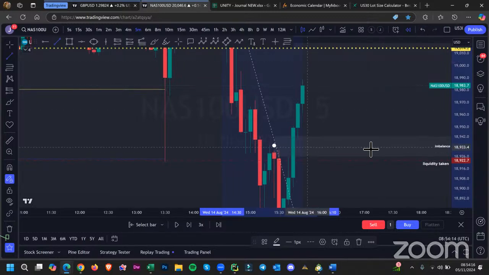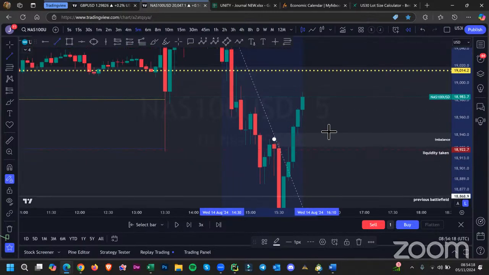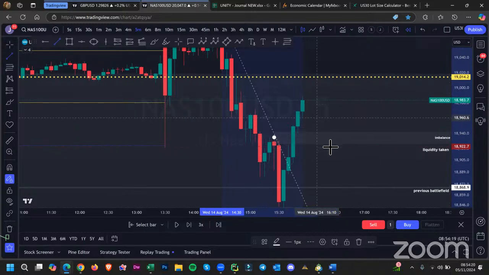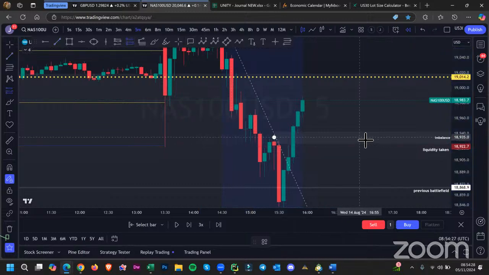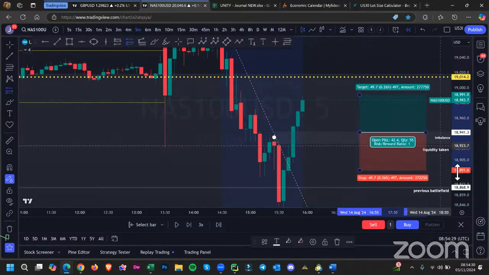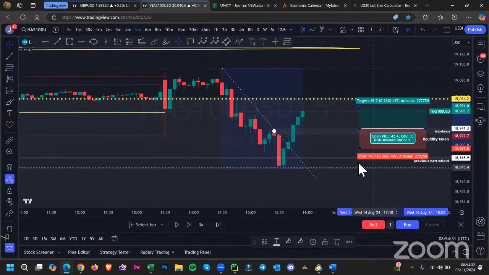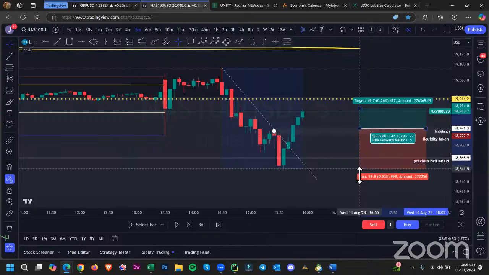Hopefully this market comes and taps back into this area, allowing us to potentially get an entry. The safest entry, without trying to get a 1,000,000-to-1 risk to reward ratio, would be an entry here, and our stop will be below the low. Now, I don't know if we get tapped in, but let's see.